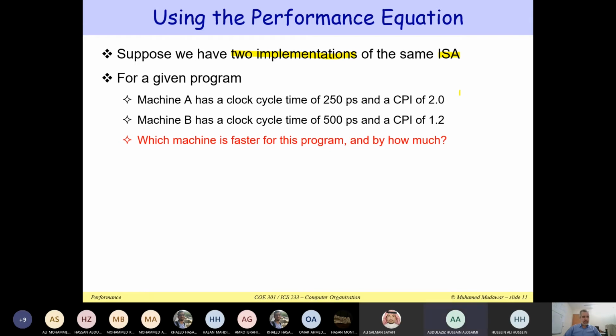Two versions. They have the same executing. No, this has nothing to do with the execution time. I'm talking about two different implementations of the same instruction set architecture. How can we have two different implementations of the same instruction set architecture? A simple question.